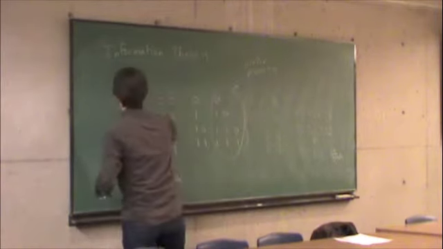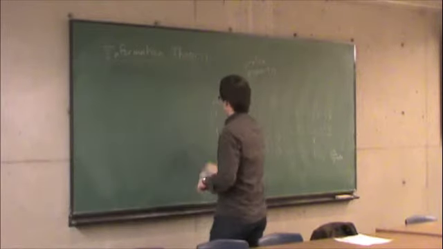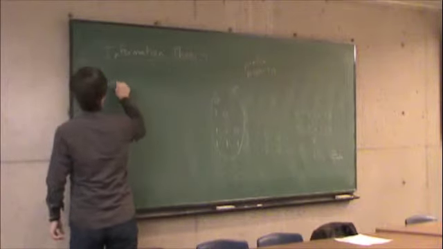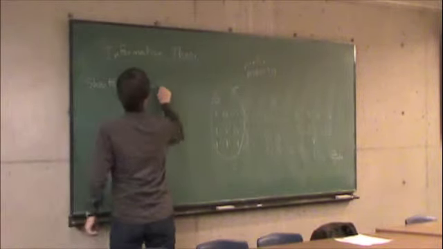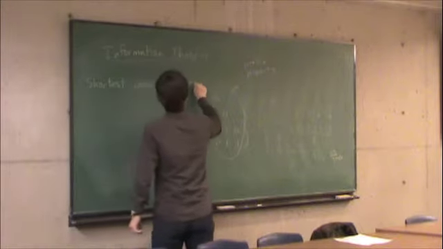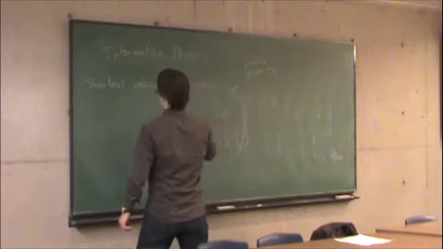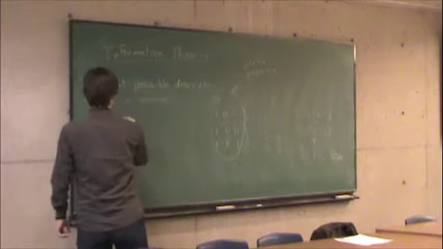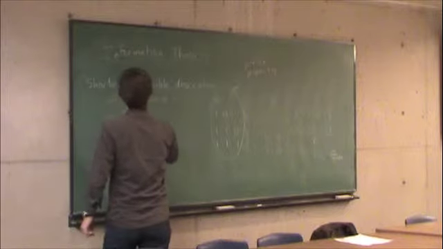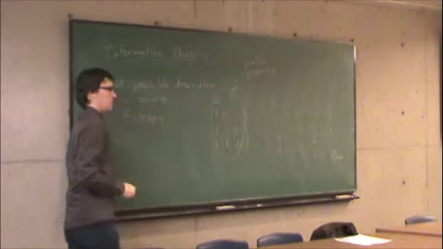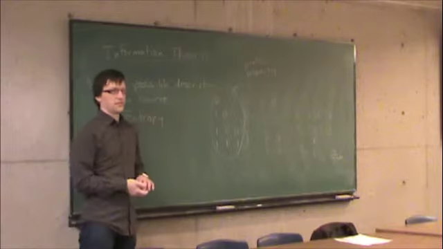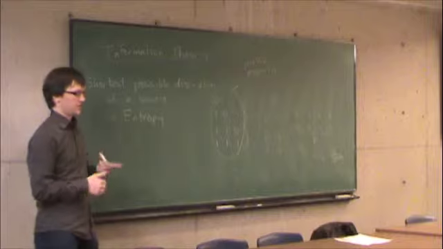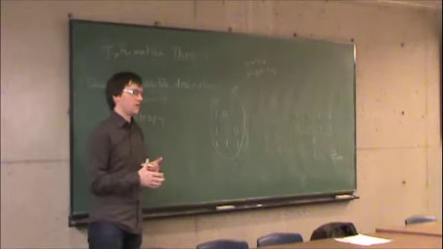So the point that I'm trying to make here is the following. There does exist a shortest possible description of a source that is called the entropy. This is information theoretic entropy, which is similar to, but not the same as thermodynamic entropy.